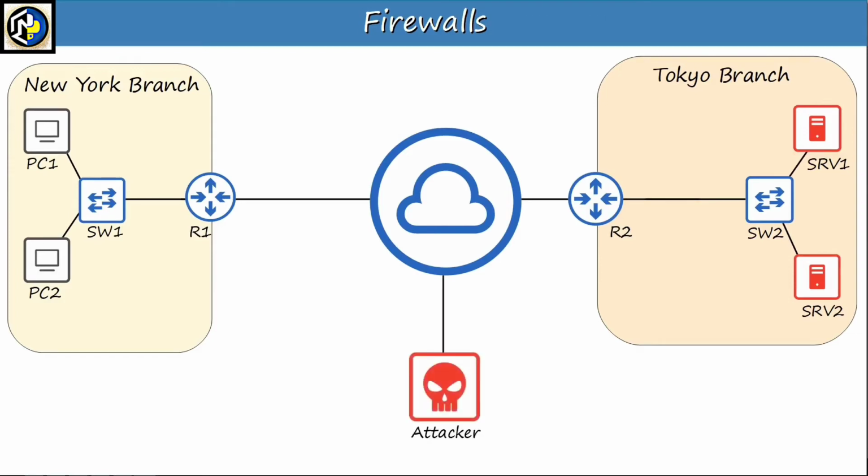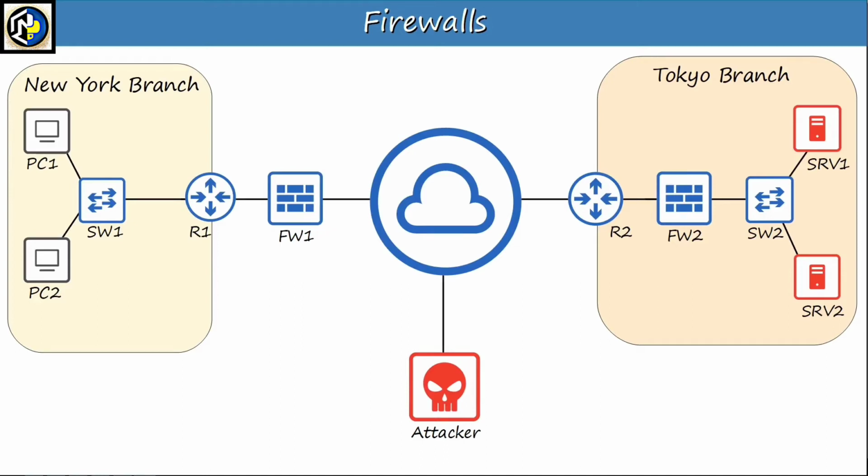Here's our network once again, but this time there's a difference. There is an attacker somewhere in the internet with an arsenal of many ways he could attack our networks to steal information or otherwise damage our enterprise. Although routers can also provide some basic security features, what we should really be using to protect our networks is a firewall.